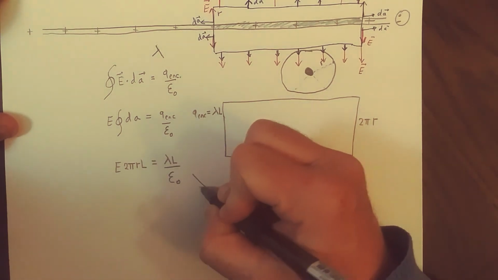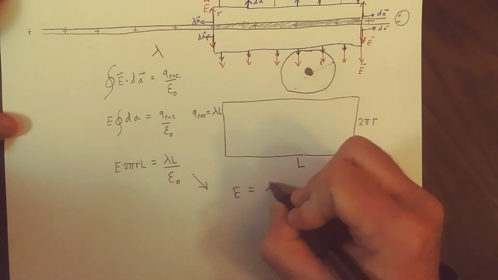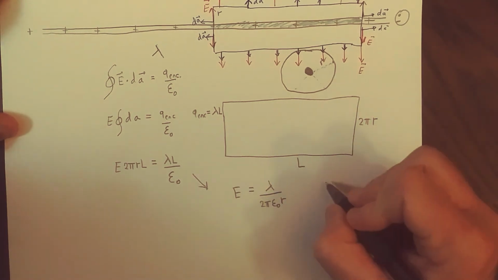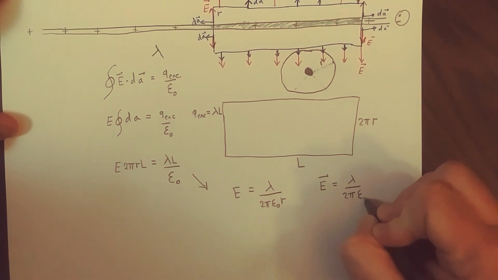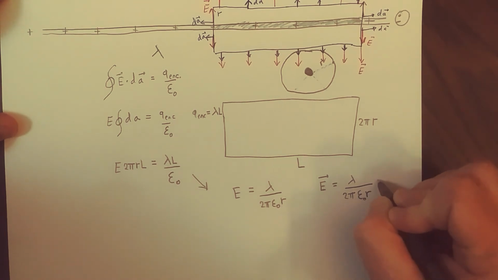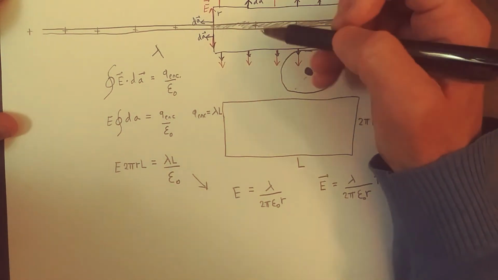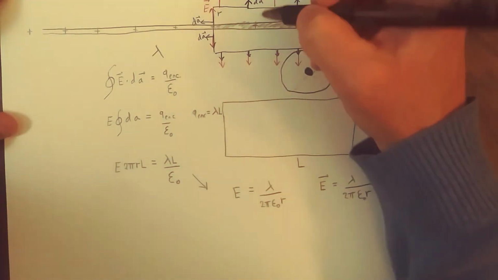And so from that, we can then solve for the magnitude of the electric field, which is lambda over 2 pi epsilon naught r, and turn that back into a vector by adding a unit vector, which is, it's not a radial unit vector, but it's radial in every plane, so it's radial in cylindrical coordinates. I think that's the way to say it.